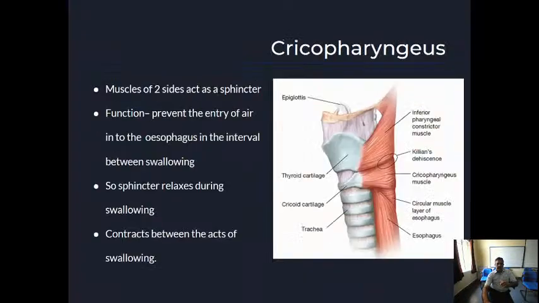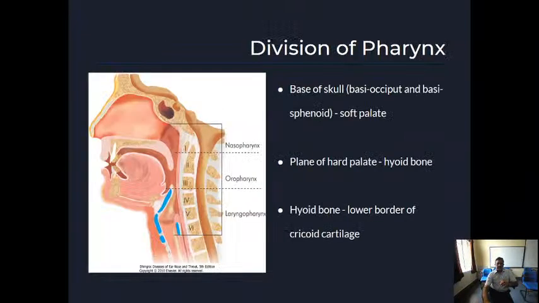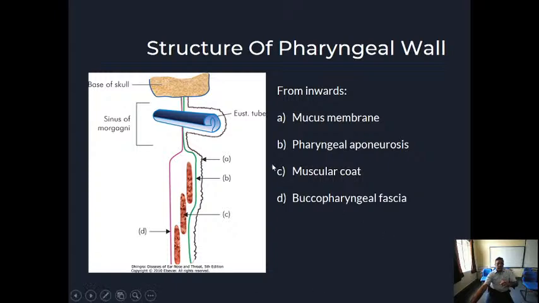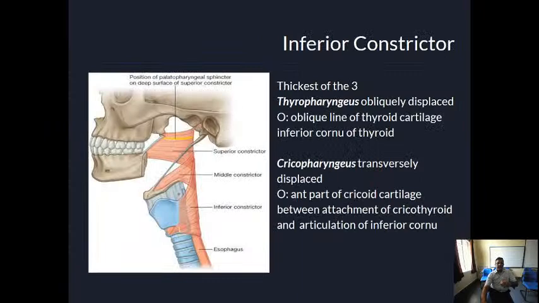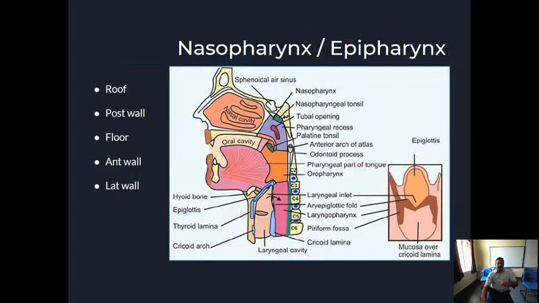It is a space where the muscle is absent, and that is the structure through which the eustachian tube passes. That is as far as the nasopharynx.